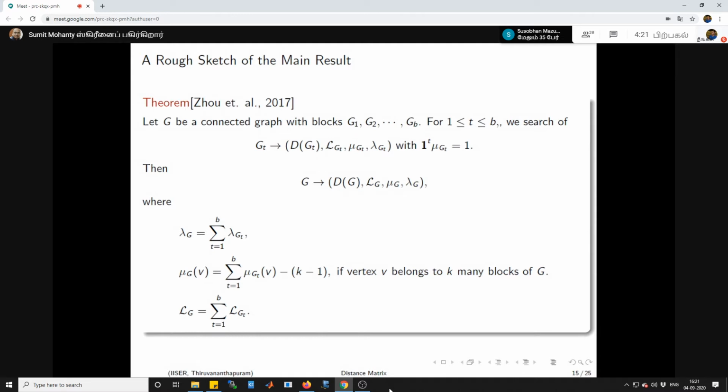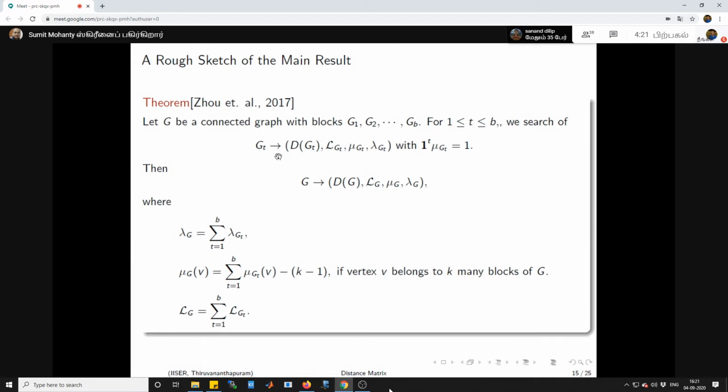How the proof technique works in the Bapat case also works here. What exactly does this say? Suppose we are given a connected graph with this many blocks. If you restrict to each block, each block is a subgraph, and for that subgraph you consider the distance matrix.